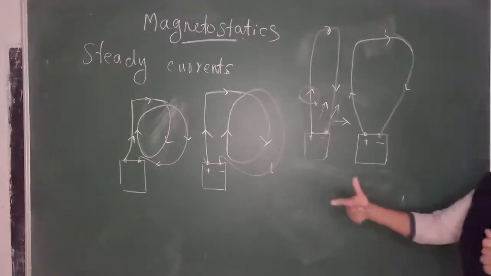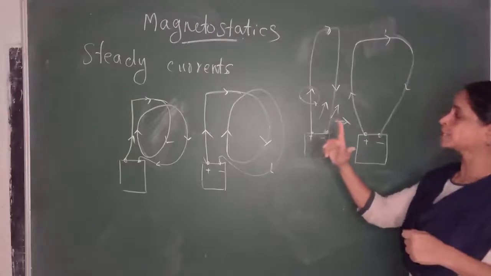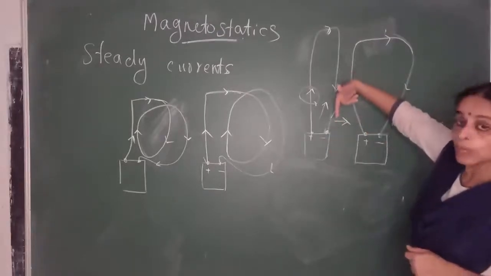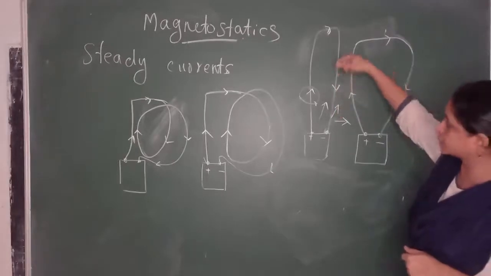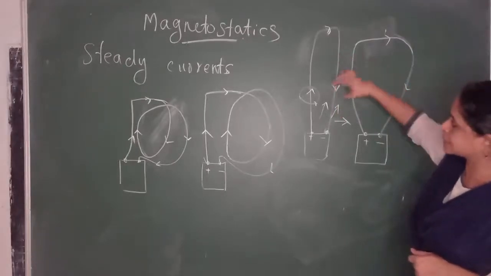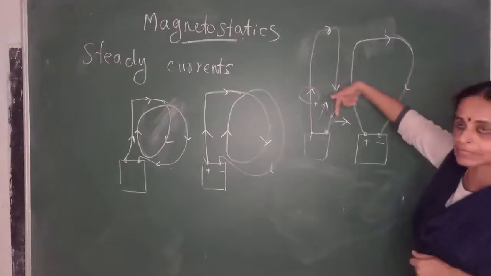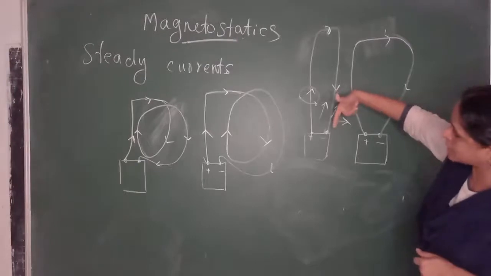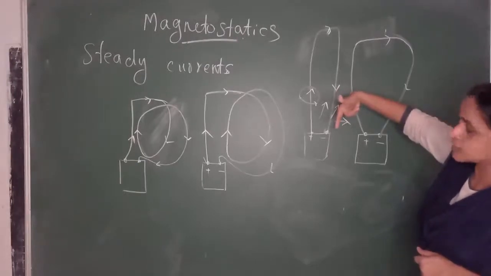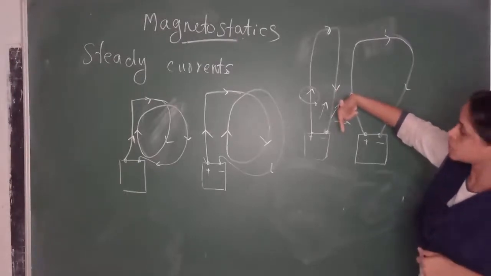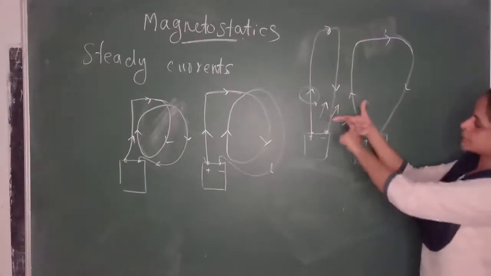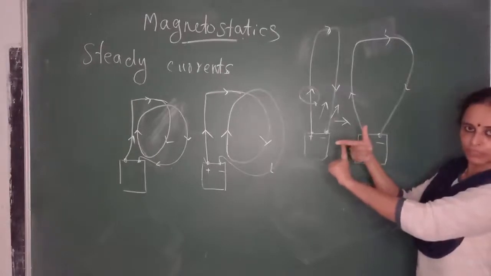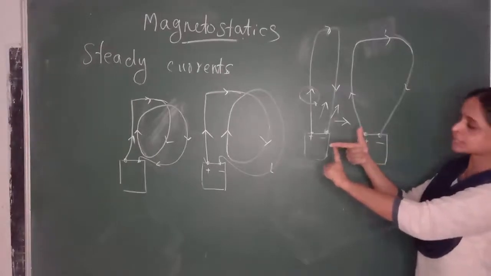That is, forefinger in the direction of velocity or the direction of current. So in this case, the current flowing is in this direction, and this wire is in the field of the first wire. So I place my forefinger in the direction of the current, or in the direction of the motion of the positive charges.